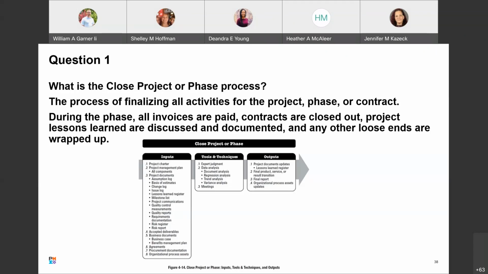I think I'm on year 6 of 8 right now. So to me, it's not really a close. It is a pause, right? I haven't really closed anything. We're just pausing for a month while we wait for funding to come through, and then we can start all this stuff up again.